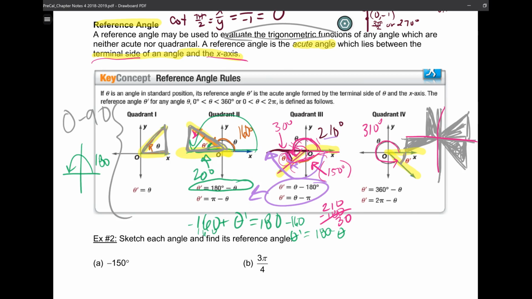Well, I know my 310 degree angle plus my reference angle is going to have to be 360, because look, it goes all the way around, whether I'm with the pink or this gray, it's going to equal 360. So I can just subtract whatever my angle is. So I have 360 minus whatever my original angle is going to be equal to my reference. So here, 360 minus 310 is going to give me an angle of 50 degrees.